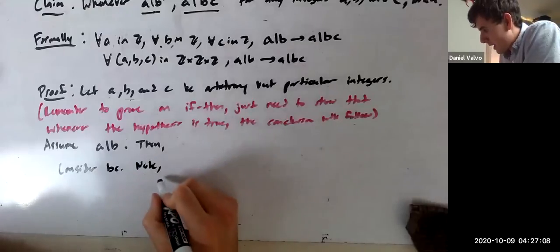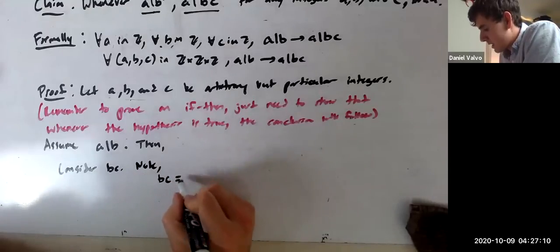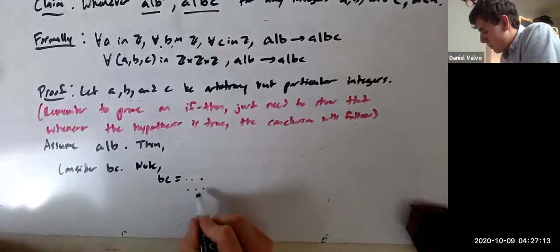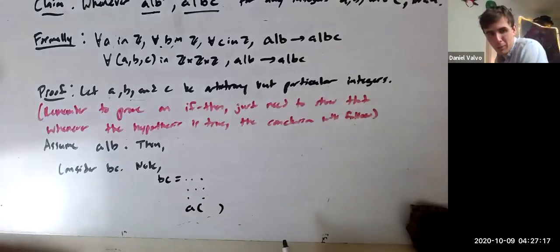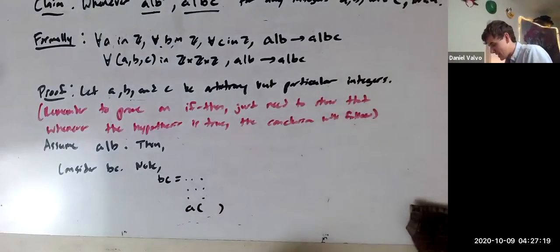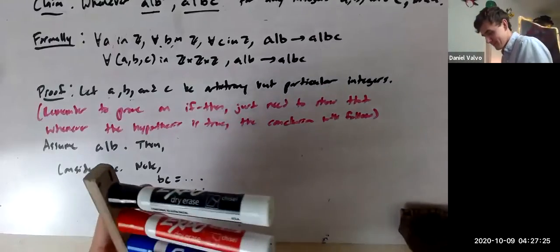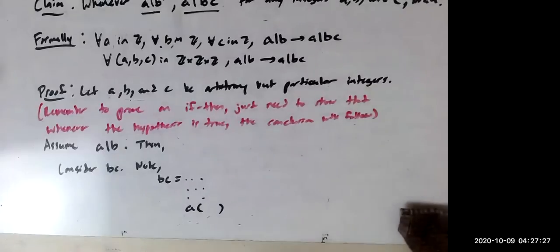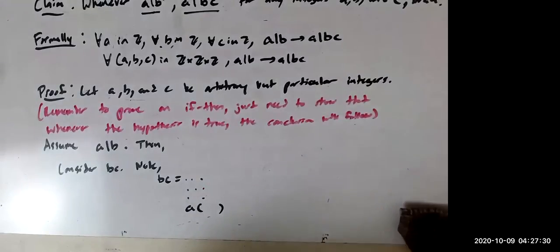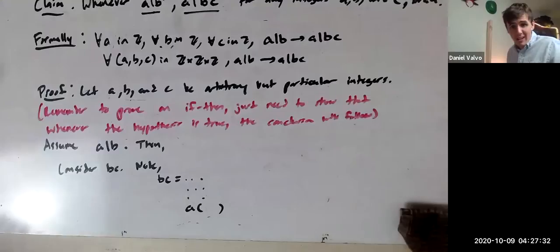Note that BC equals, we want to put a bunch of stuff here to eventually get an A times something, and that'll prove what we want, right? But to get to that, what do we need to do? Do we start with the definition of divides? I think that's a great idea, right?